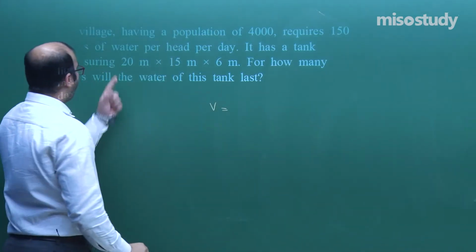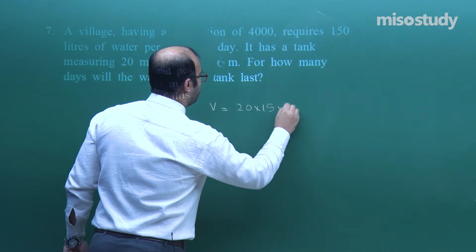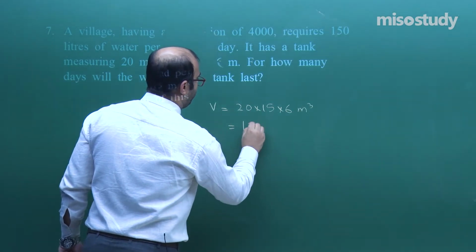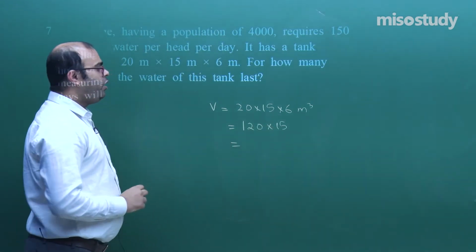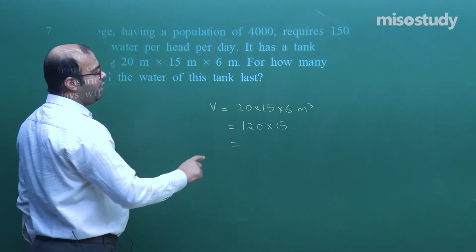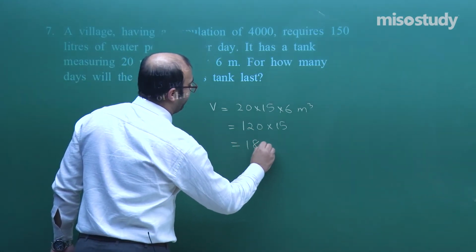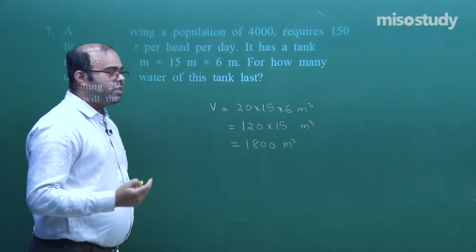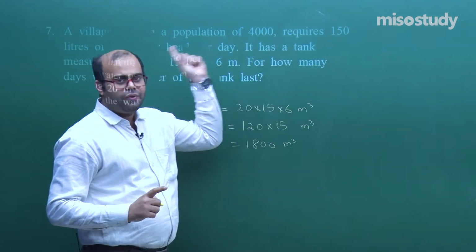This is 20 into 15 into 6 meter cube. So 20 into 6 is 120, into 15, and 15 into 120, if we calculate, we get 1800 meter cube. Now, the liter is given here, that one particular person in a day uses 150 liter.